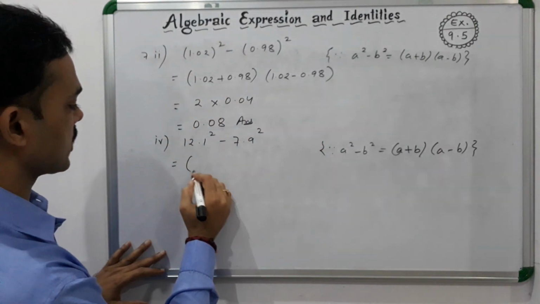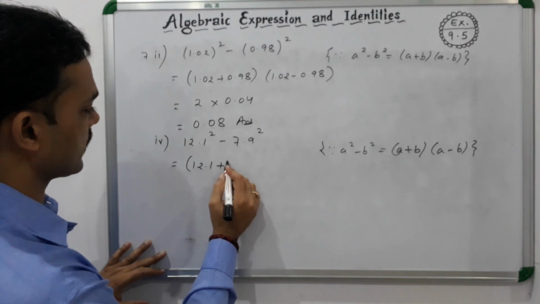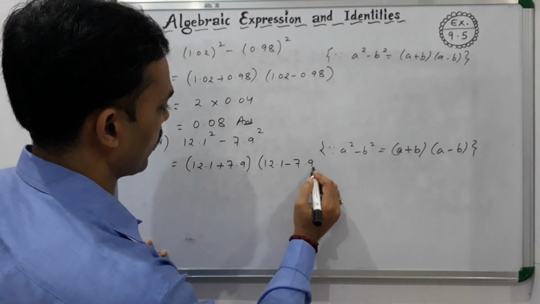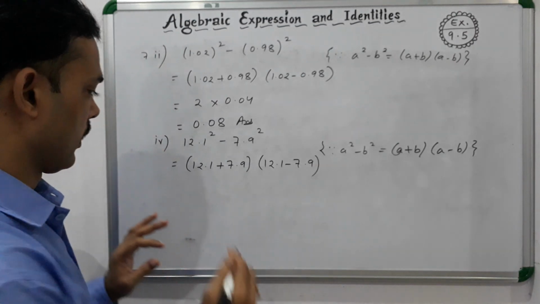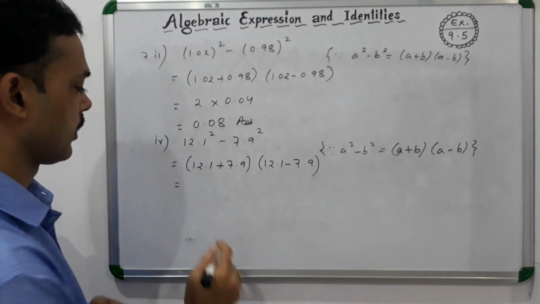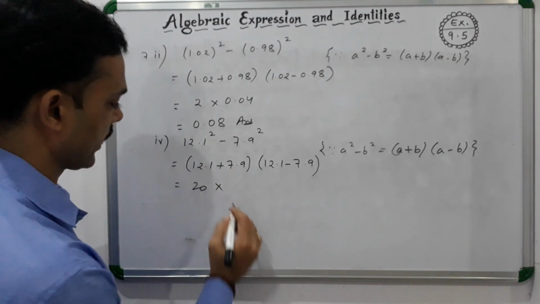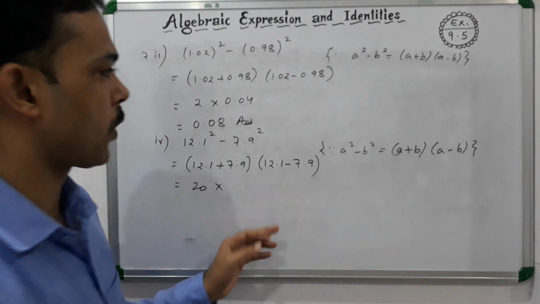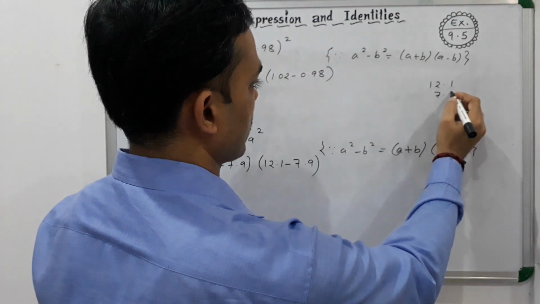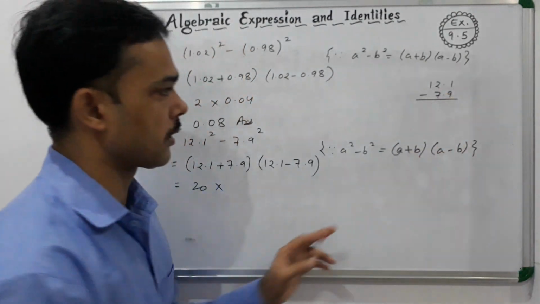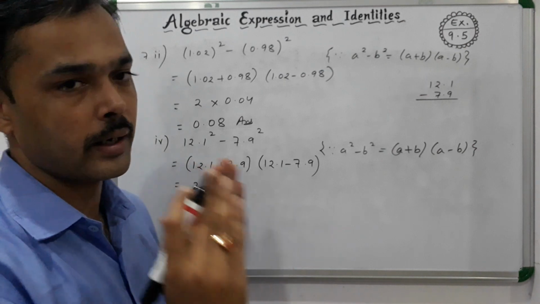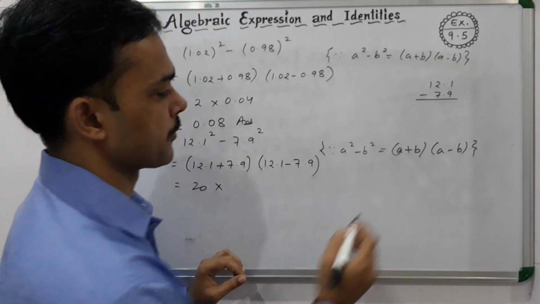That means 12.1 plus 7.9 into 12.1 minus 7.9. While writing, make sure that you have written it in the correct manner. Whole part and decimal part have to be seen properly.